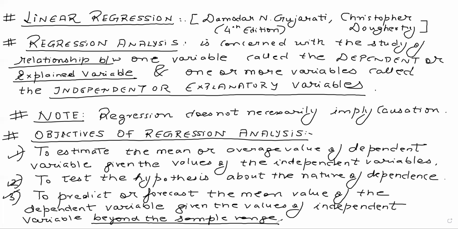For example, demand equation, supply equation, Engel's curve, which you have done with me in intermediate microeconomics. So all such relations, the Phillips curve relation, which all of us have done in macroeconomics, the Okun's law relation, which all of you have done with me in intermediate macroeconomics. So all these relations we will now be studying through regression.